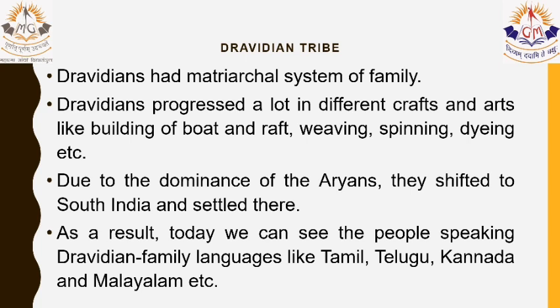They were in small number, but as the Aryans kept on coming in large number, the Dravidians' number went down, and they were dominated because the Aryan race was quite far more advanced than the Dravidians. So their dominance increased in the north, and that forced the Dravidians to leave their places and go towards the south of India.